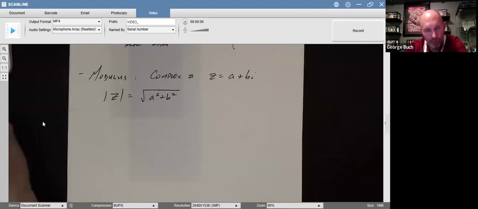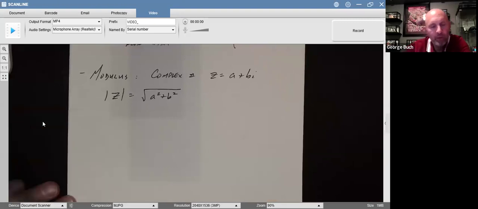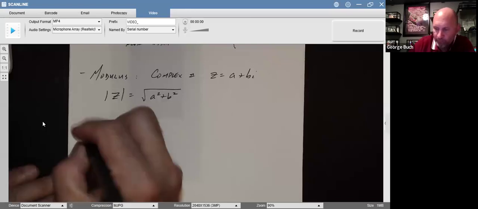Once we calculate the modulus, we're then able to convert a complex number into a polar number as follows.